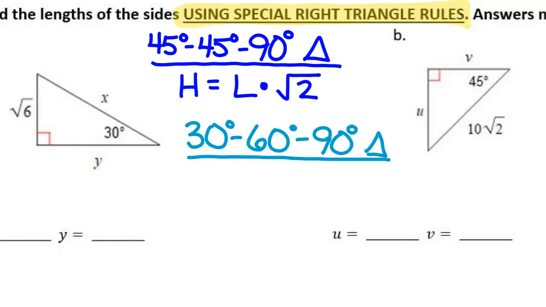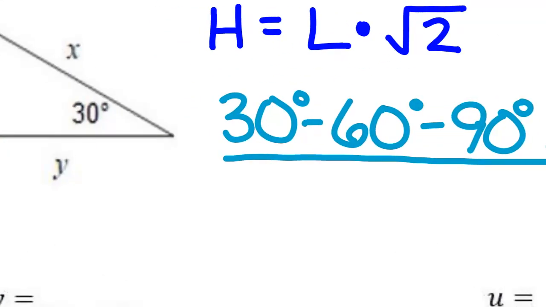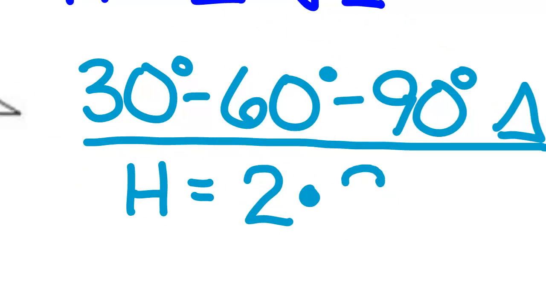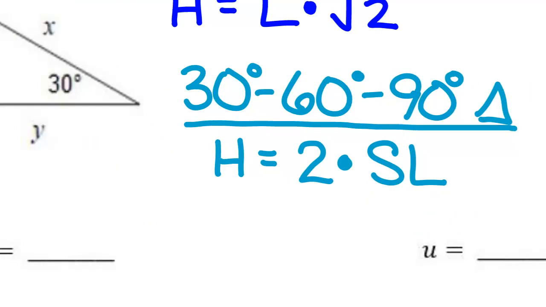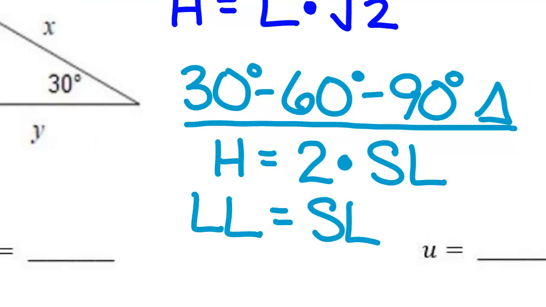With a 30, 60, 90, all three sides are different sizes. So we have to have two rules here. The hypotenuse is equal to 2 times the short leg, and the long leg is equal to the short leg times the square root of 3.